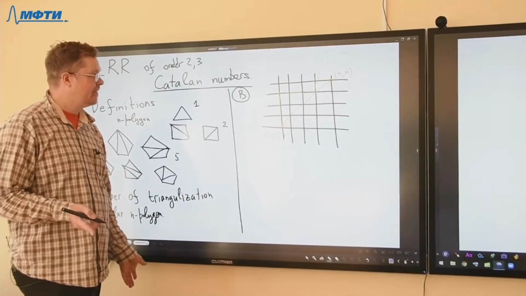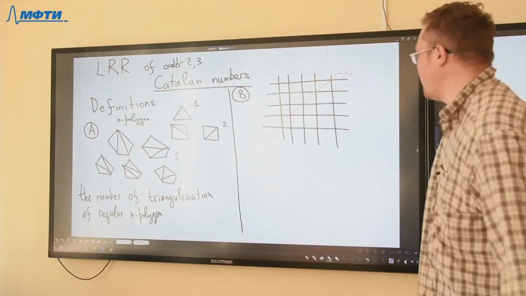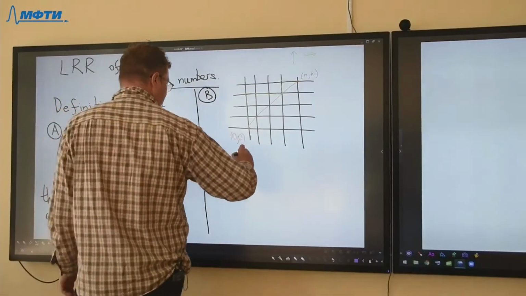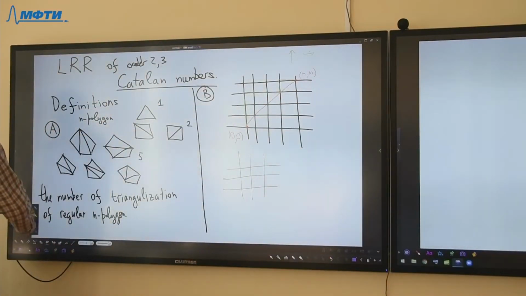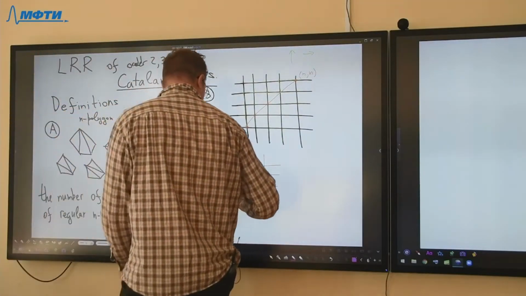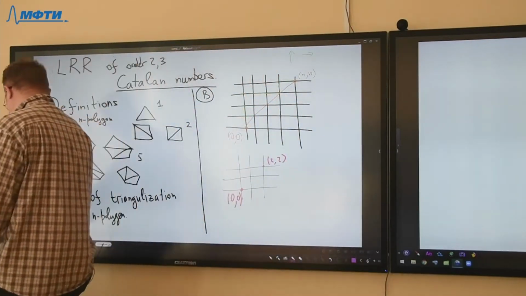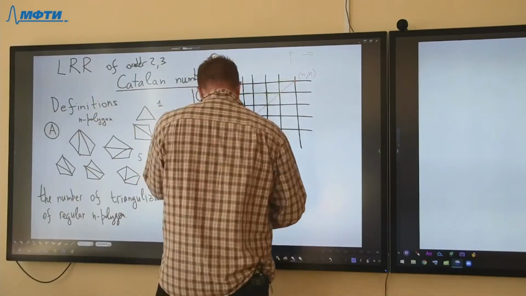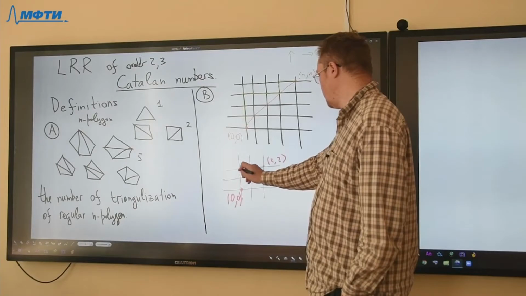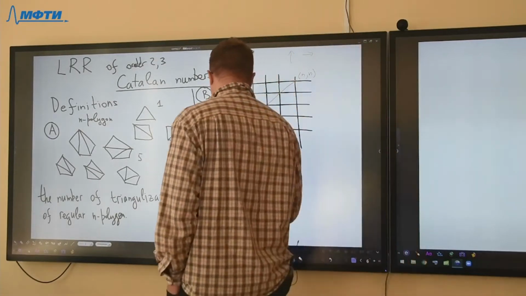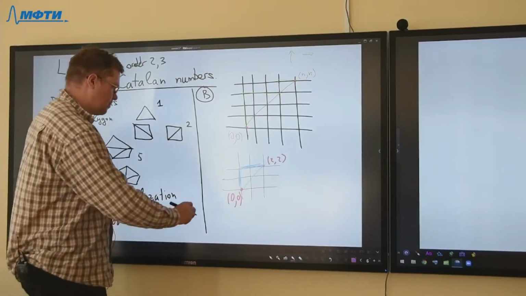Okay, I will give you an example. I want to go over the diagonal, so I have only this path and this path.